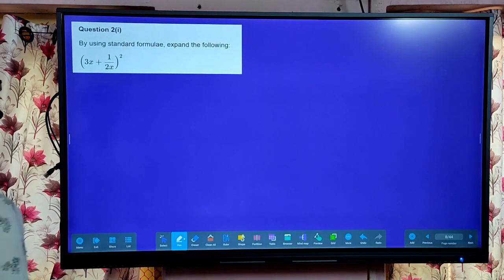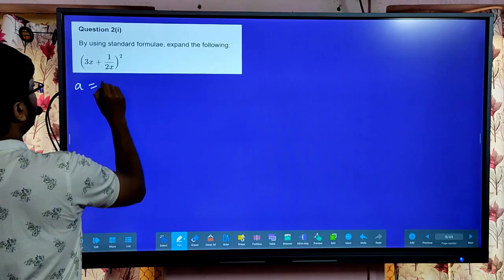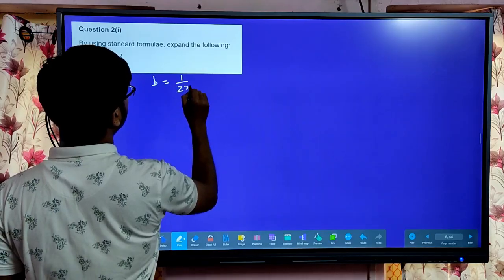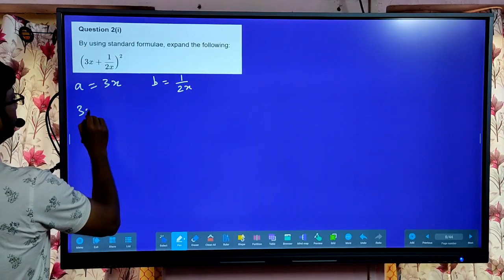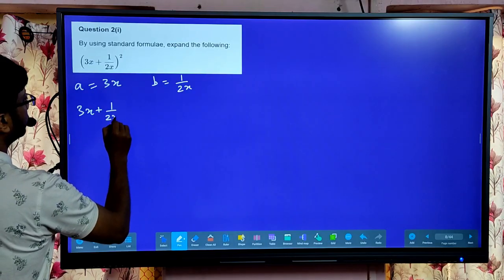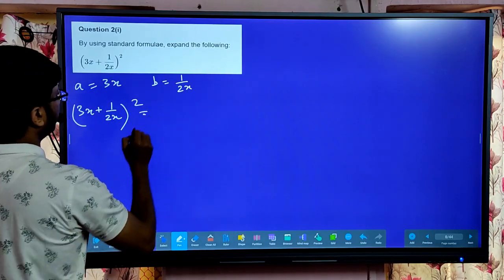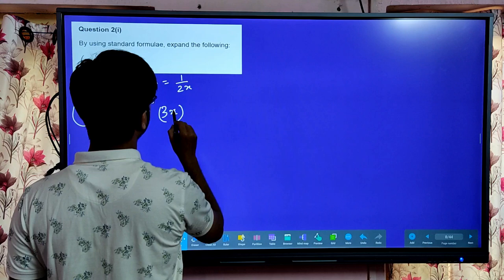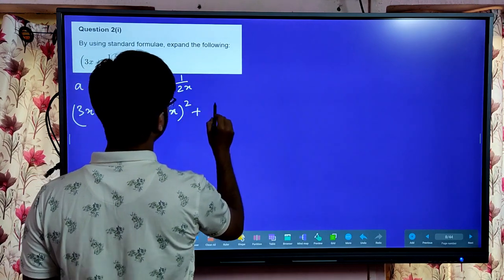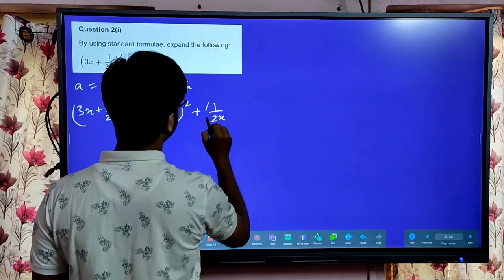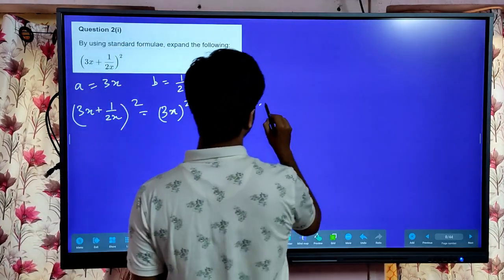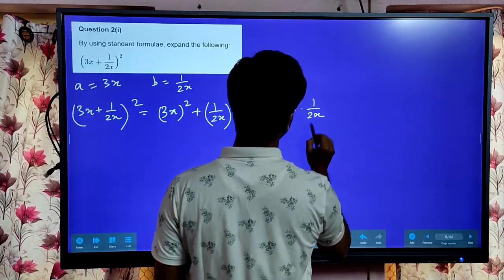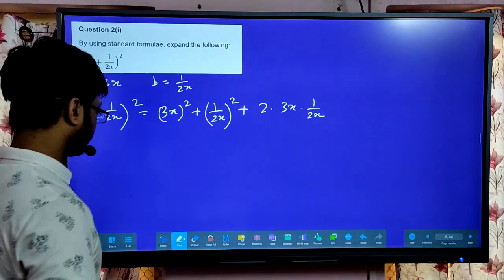Using standard formula, same thing. Here your a will be equal to 3x and your b will be equal to 1 by 2x. So let us see. (3x + 1 by 2x) whole square will be equal to (3x) square plus (1 by 2x) square plus 2ab, that is 2 into 3x into 1 by 2x.